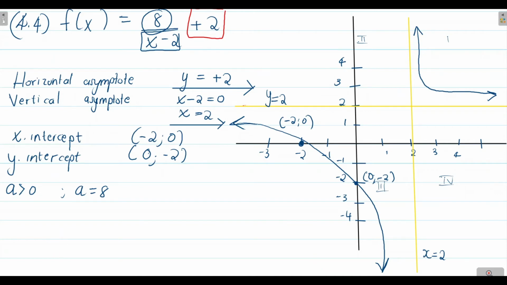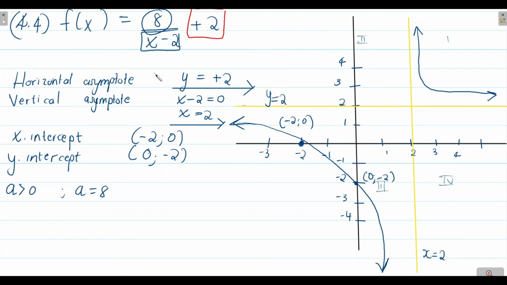So this is our sketch. The value of q tells you about your horizontal asymptote. The expression in your denominator tells you about your vertical asymptote.